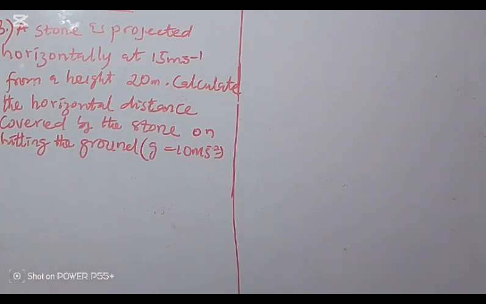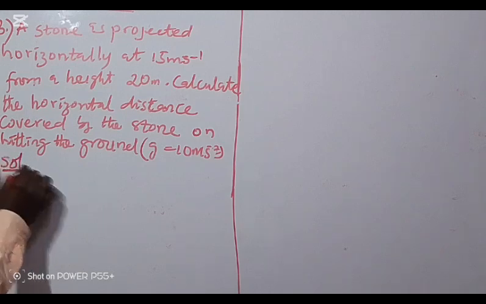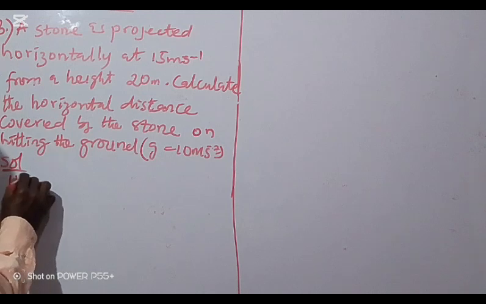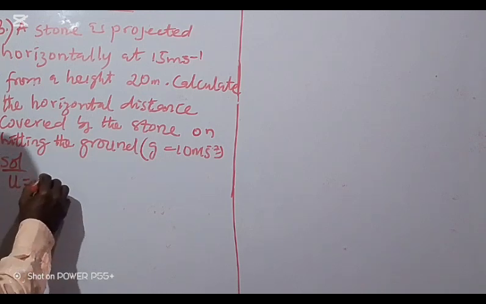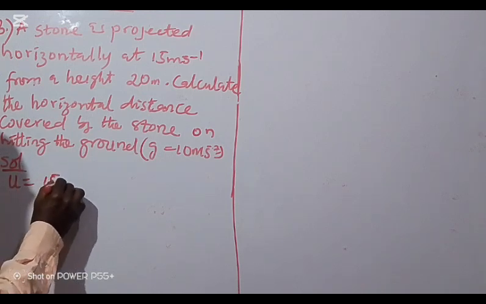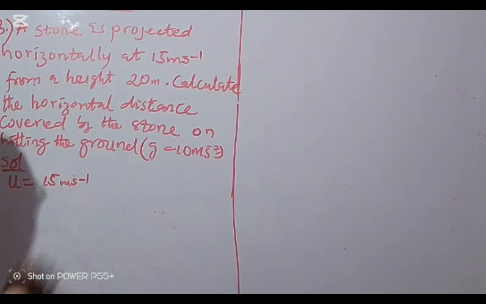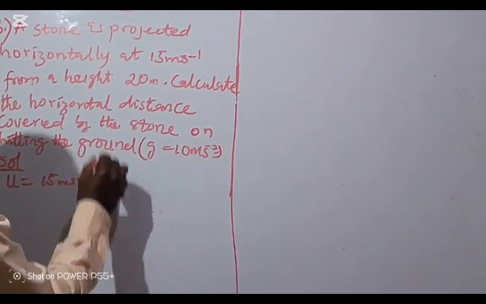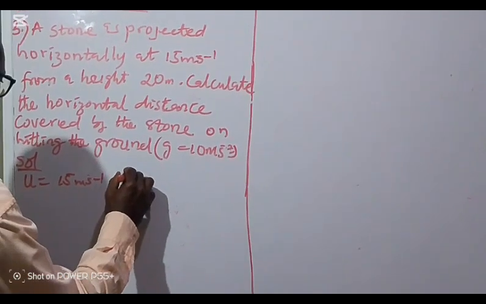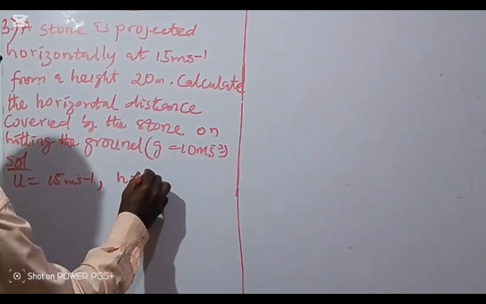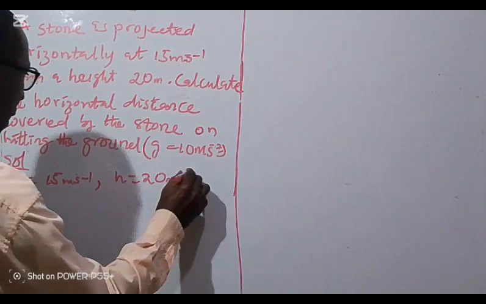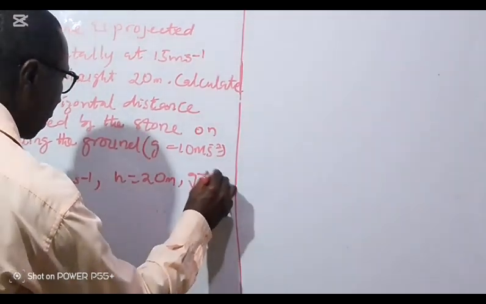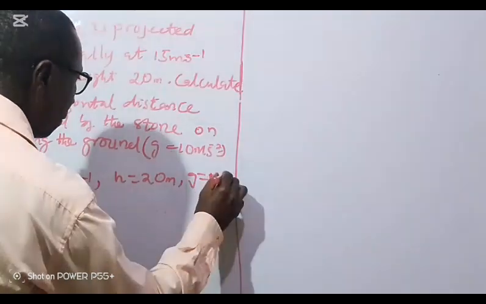Now, from this question, let's list the parameters given. 1. u is given, that is the initial velocity, 15 meters per second. The height from which it's being thrown, h, is 20 meters, and g is 10 meters per second squared.